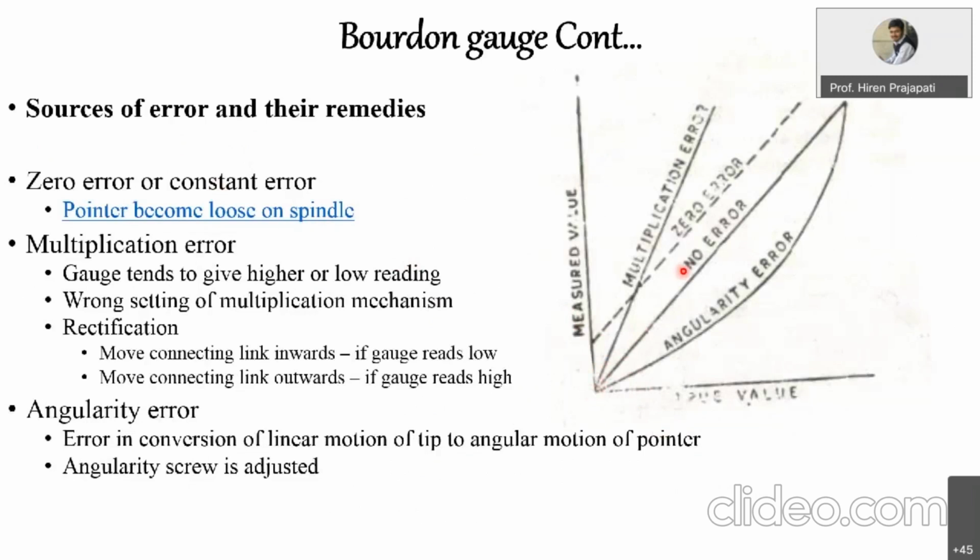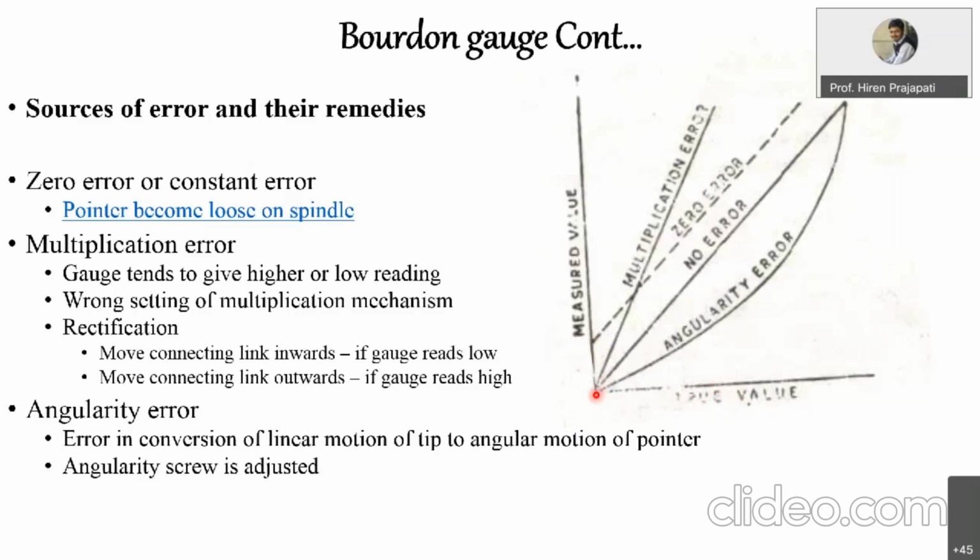First is zero error. So what is zero error? For any non-zero value, pressure value, instrument is giving you some positive value, right? So your true value on x-axis we have true value, on y-axis we have measured value.